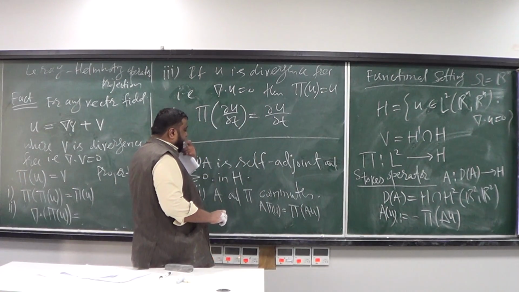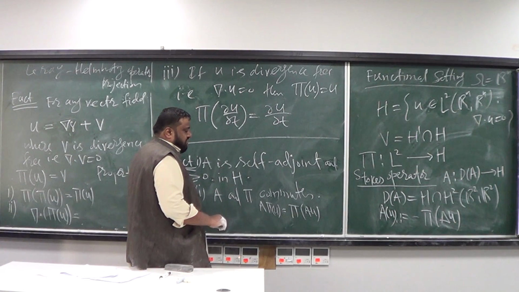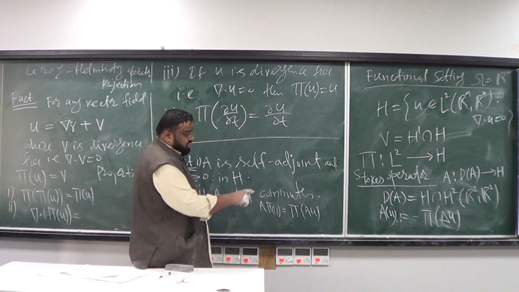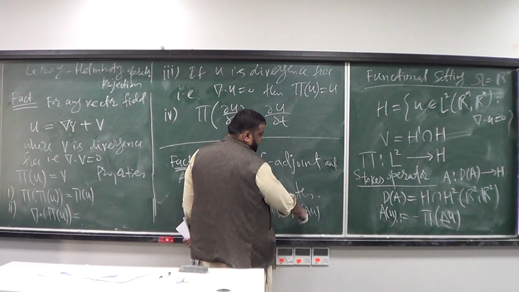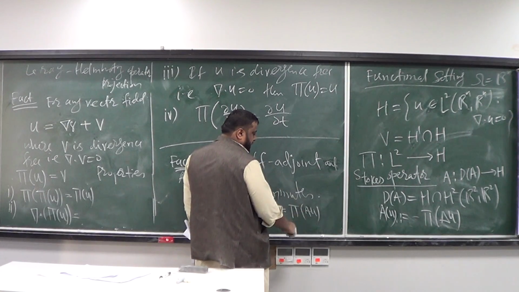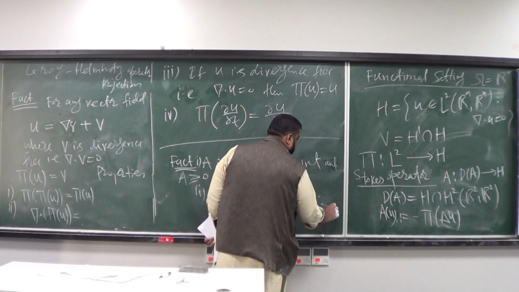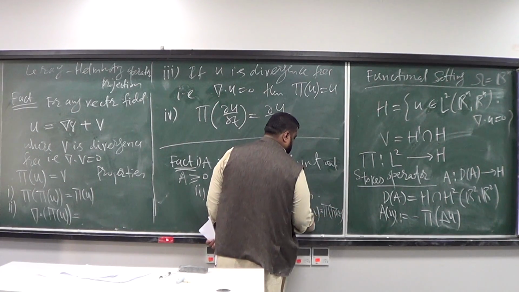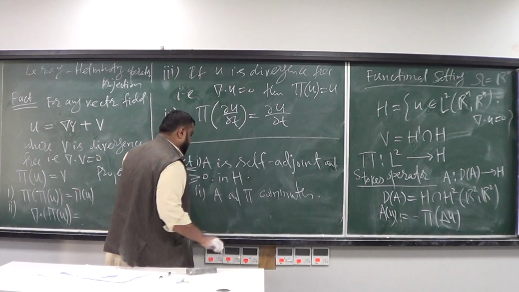And you can get an interesting conclusion also, that Au by definition is pi of Laplace u, so I can write this as pi of pi Laplace u.